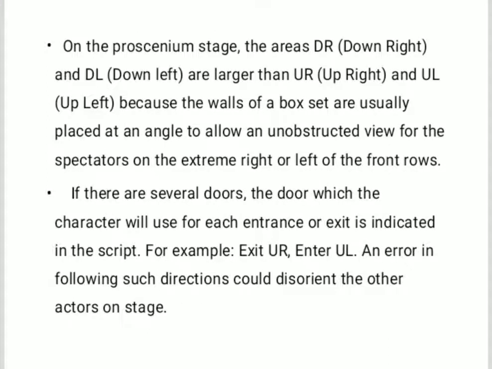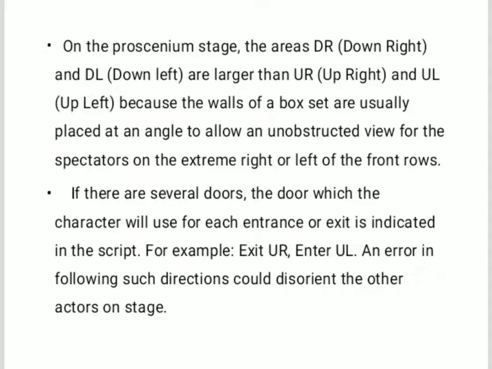The second one is the proscenium stage. On the proscenium stage, the areas DR or down right and DL or down left are larger than UR or up right and UL or up left because the walls of the backstage are usually placed at an angle to allow an unobstructed view for the spectators on the extreme right or left of the front rows.